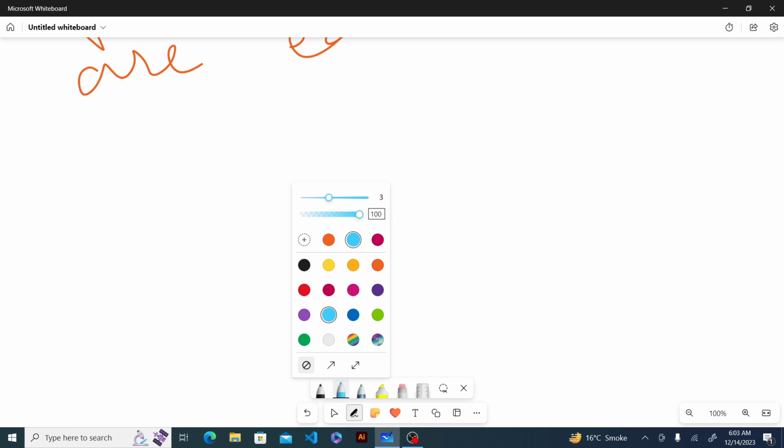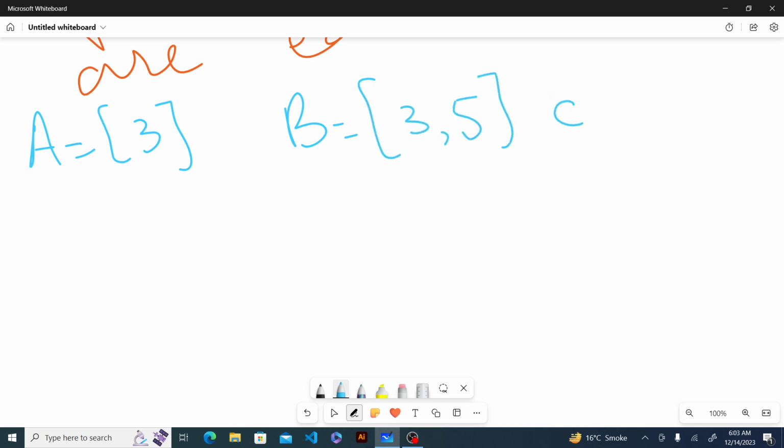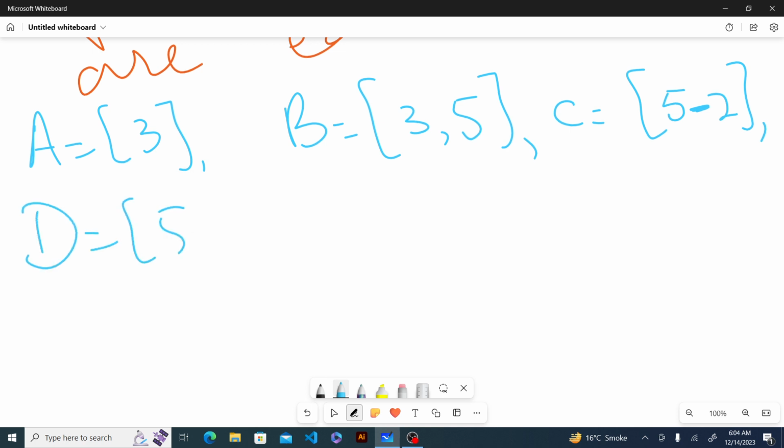So the matrices are A, B is equal to [3, 5], C is equal to [5 minus 2]. These all are different matrices, A, B, C. Then D is equal to [5, 3], it has 2 elements.